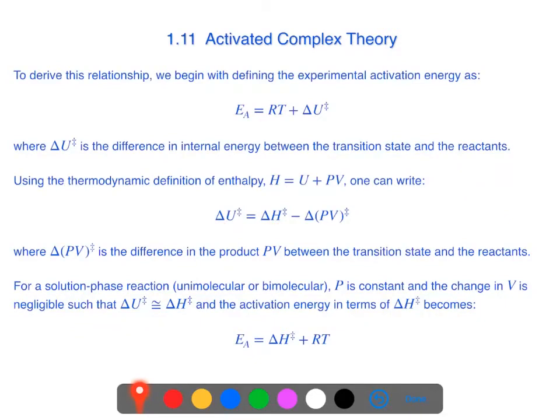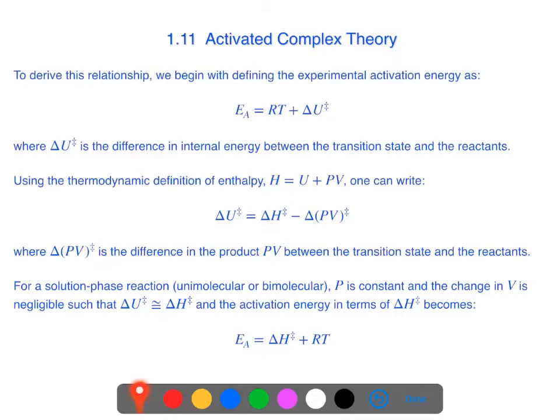Using the thermodynamic definition of enthalpy, one can write the following, where the difference in the internal energy between the transition state and the reactants is equal to the difference in the enthalpy between the transition state and the reactants minus a change in the product of the pressure and the volume between the transition state and the reactants.